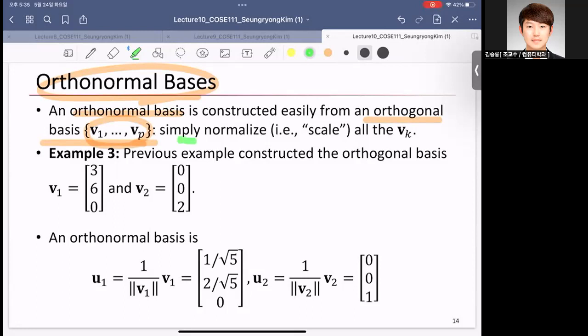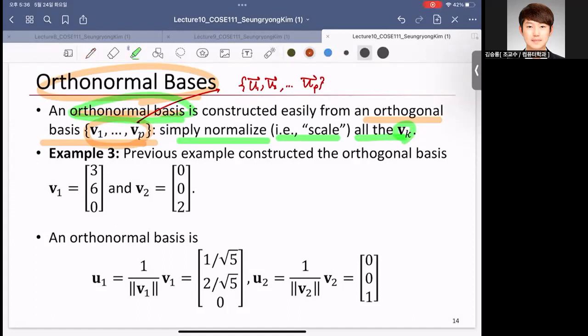By simply normalizing, that is scaling each vector vk to length 1. So we can normalize each vector v1, v2, up to vp as u1, u2, up to up, to make the length of each vector 1. Then we achieve an orthonormal basis.